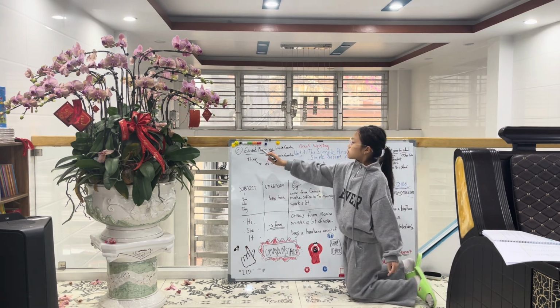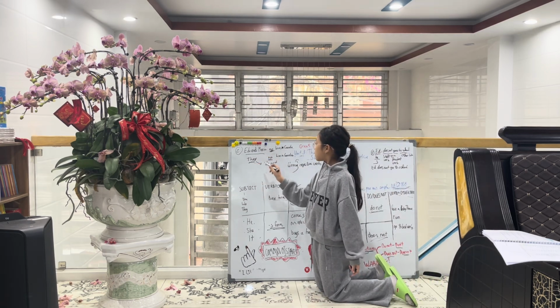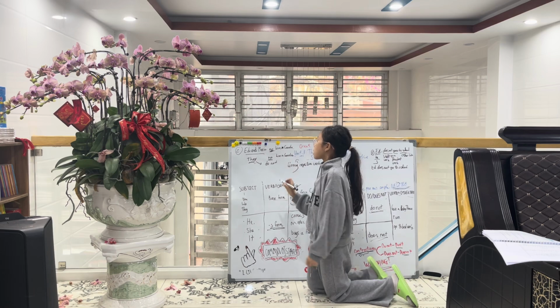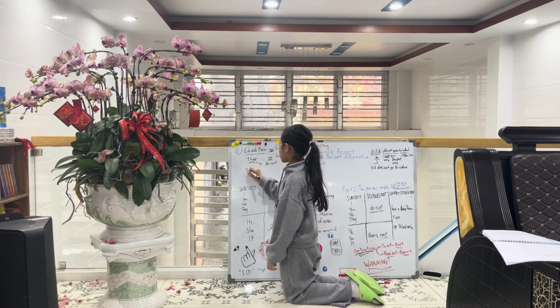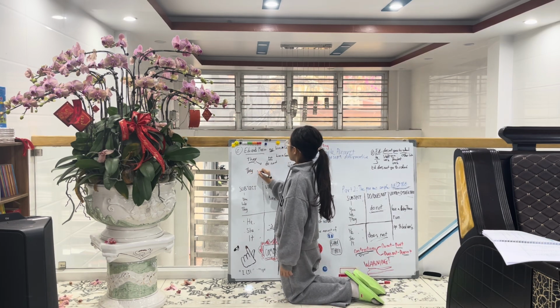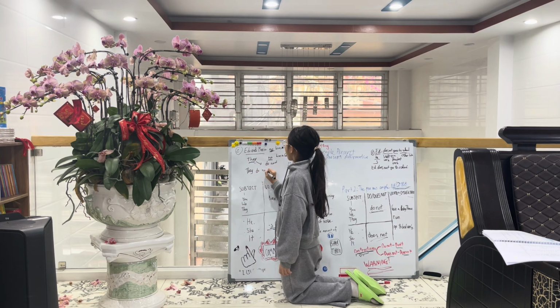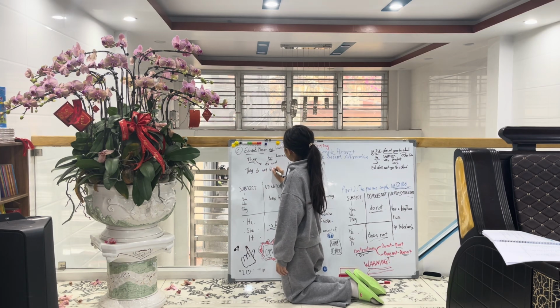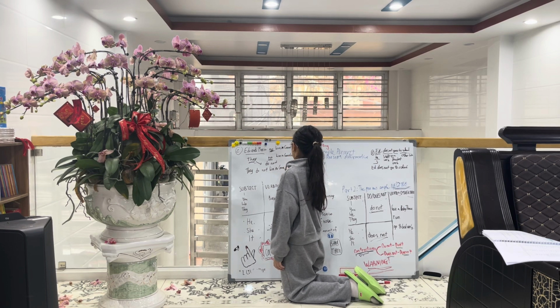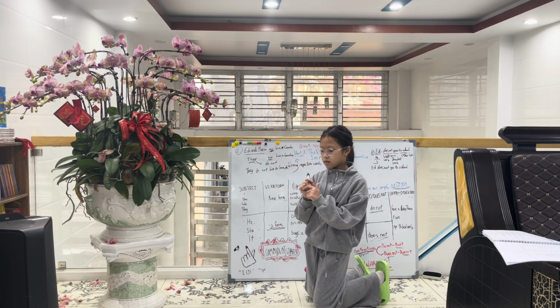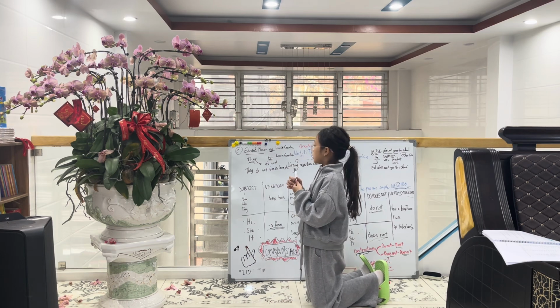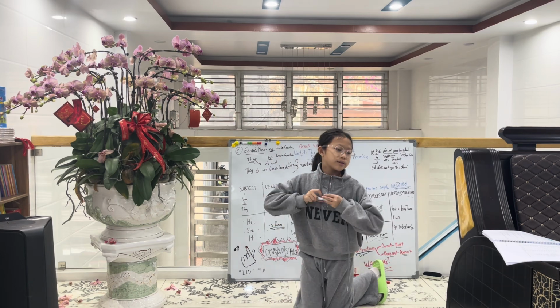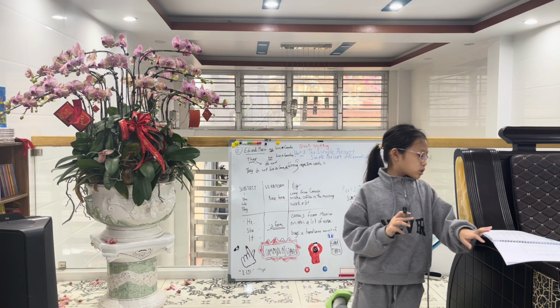Ed and Mary is they, and they will go with do not. So we will have the sentence: they do not live in Canada. So easy. Okay, because this is easy and basic, I think that I don't need to explain it much.